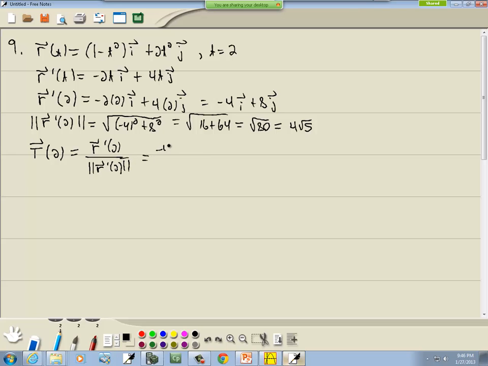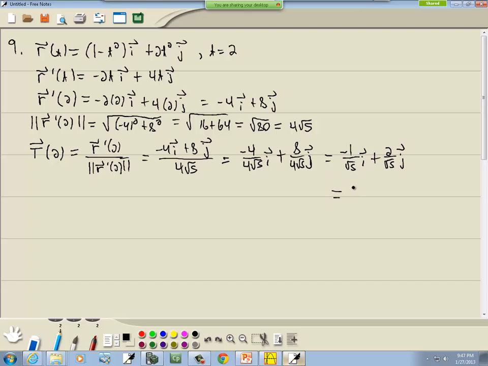So that's going to be negative 4i plus 8j over 4 square root of 5, which is going to give us negative 4 over 4 square root of 5 i plus 8 over 4 square root of 5 j, which gives us negative 1 over square root of 5 i plus 2 over square root of 5 j.